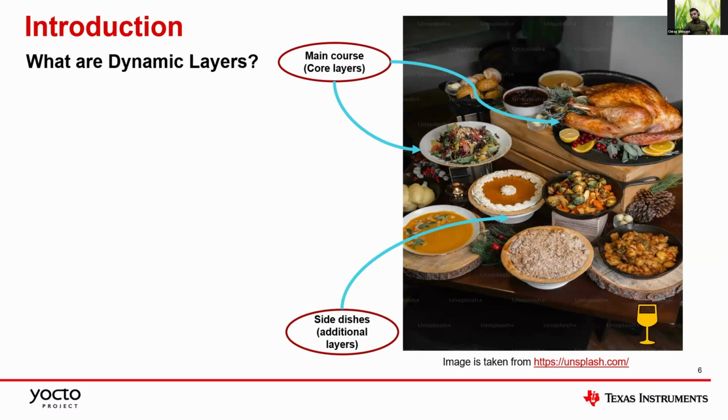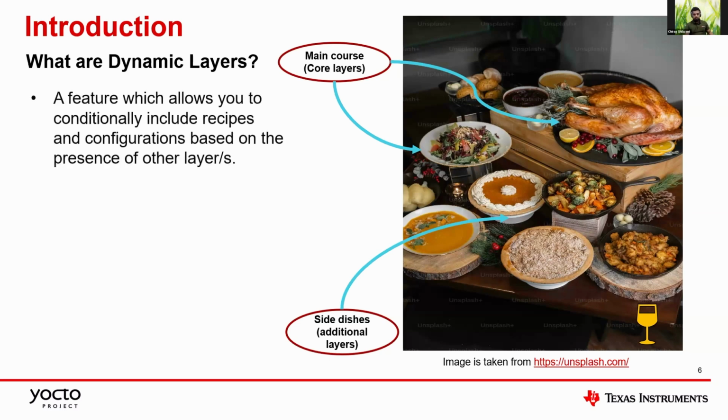Moving back to the presentation. If we replace the main course with OpenEmbedded-Core, and the side dishes or dessert with any popular distribution, then the condition I added was that if you are consuming OpenEmbedded-Core along with your favorite distribution, then I will provide you a feature, and that's what a dynamic layer is.